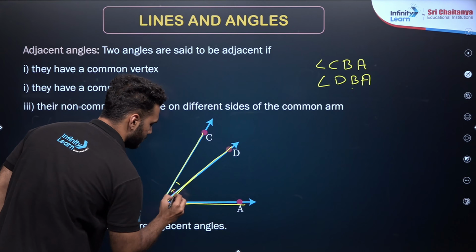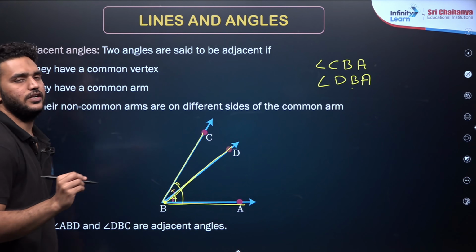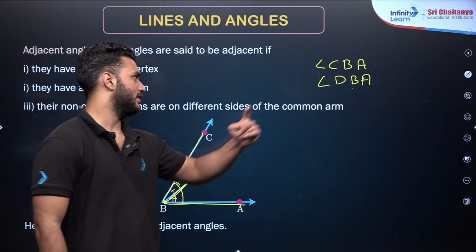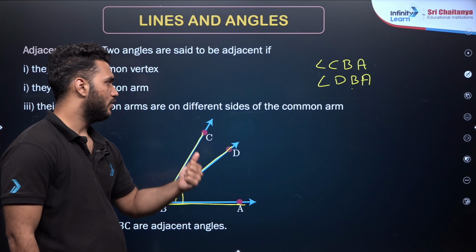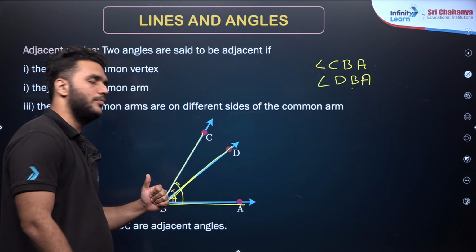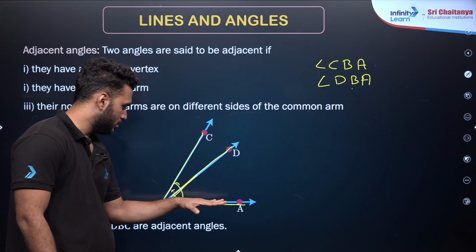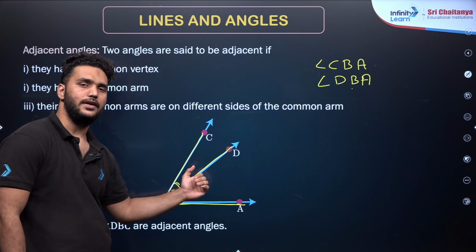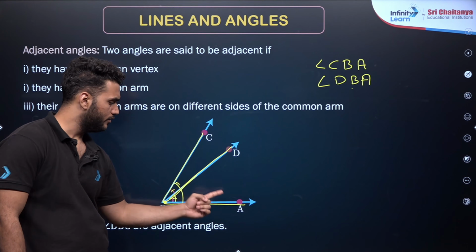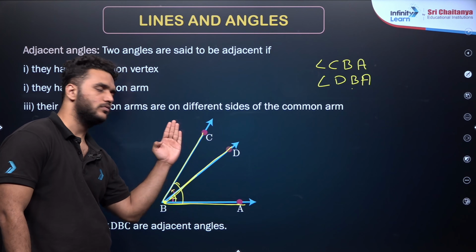But they are not adjacent. They satisfy two conditions: they have one common arm, and the vertex is common. But the other non-common arms are on one side of the common arm.